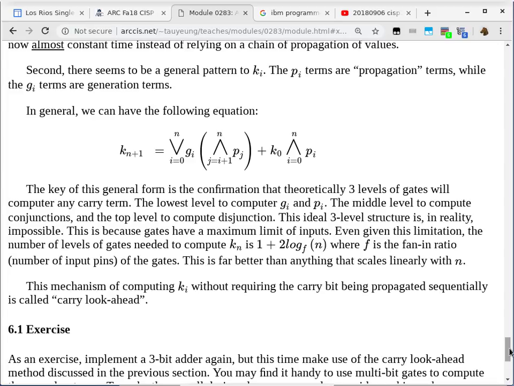What about this mess here? We need one level of gate to compute the p terms, one level of gate to compute the conjunction of all the p terms and the conjunction with gi itself, and then one more gate to compute the overall OR. But that gate can also include this OR here.